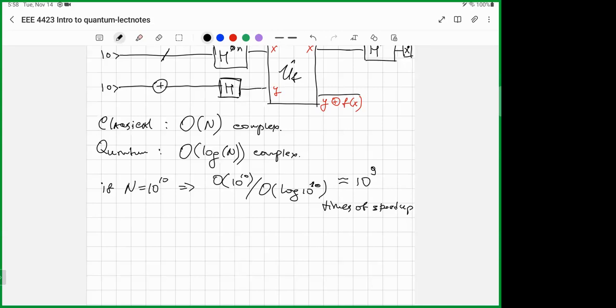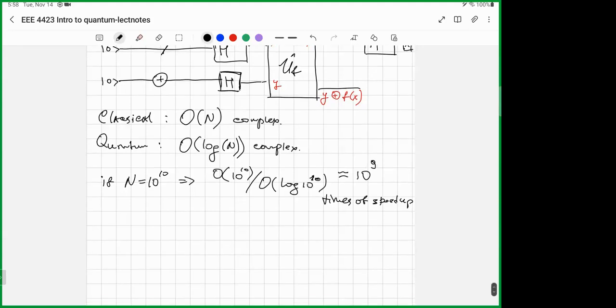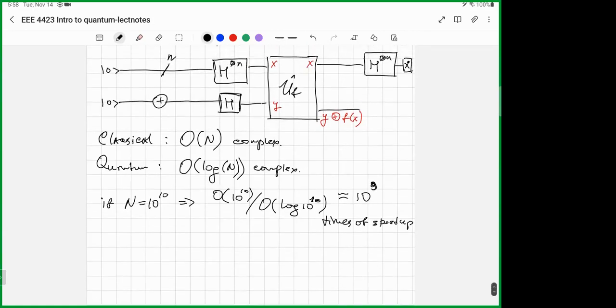But still, people develop, people investigate this type of quantum algorithms, as well as all other algorithms, and there are some debates about what is the actual speed up and so on.